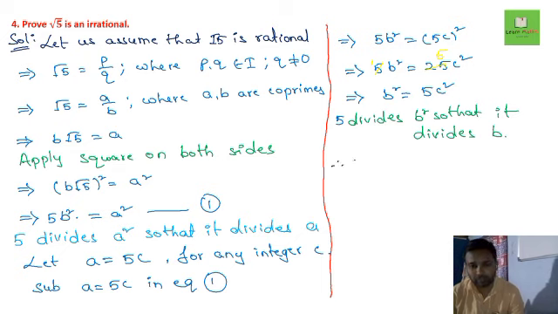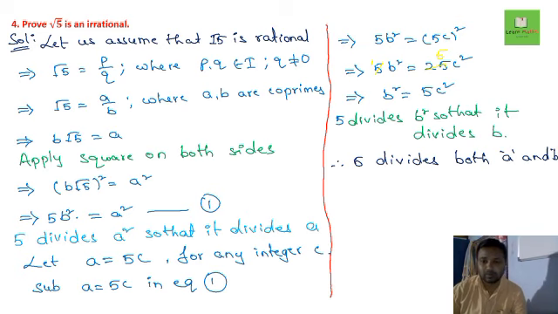Therefore, 5 divides both a and b. Actually, what we thought was that a and b are co-prime numbers, so we get only common factor 1.